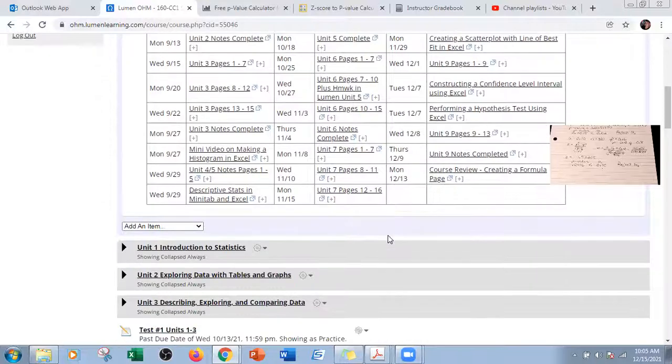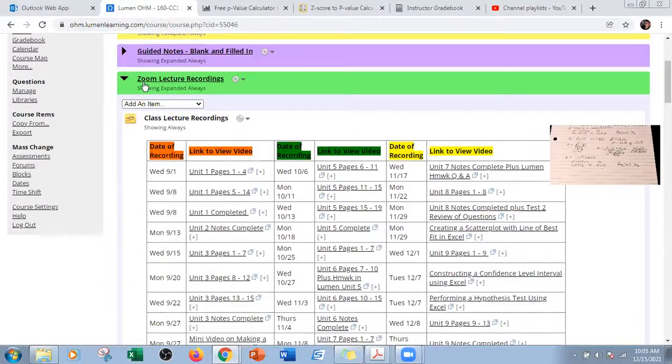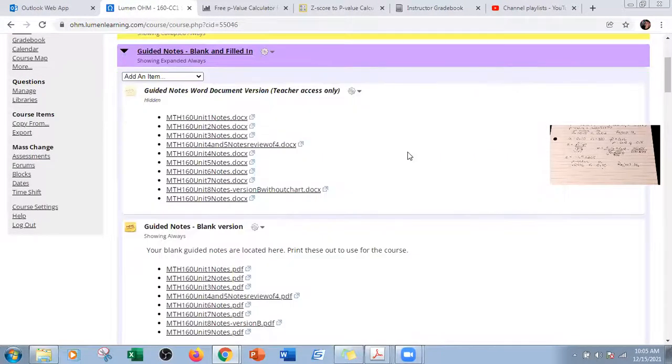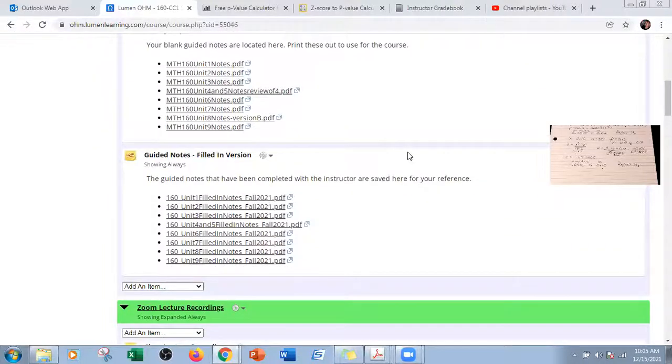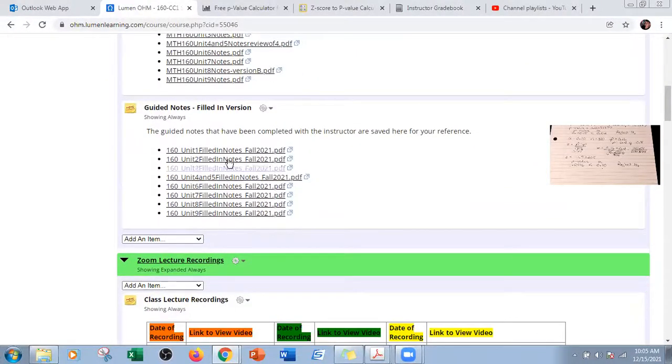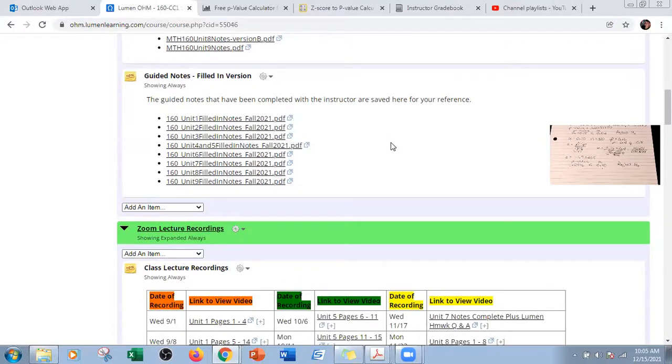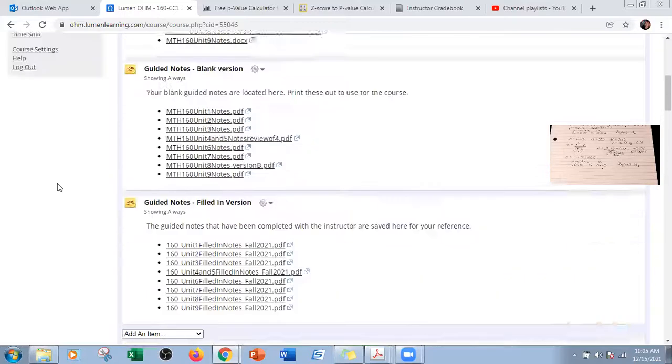Make sure you're doing that. Make sure you have your filled in notes next to you. If your notes don't seem very neat or organized, all of my filled in notes are here for you to use. You can print these out and have that next to you as you're doing your work, or you could just simply open them on your laptop or computer and follow along. So that's an option to you as well.